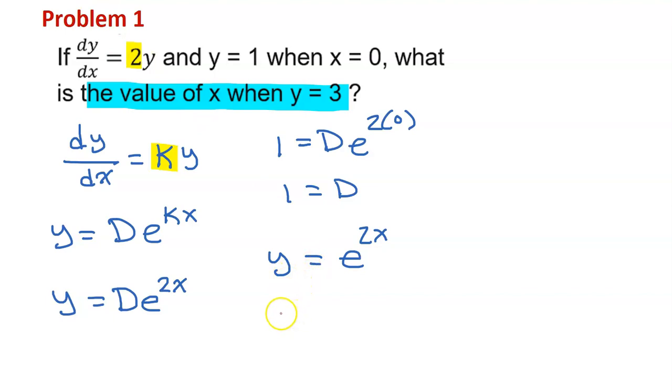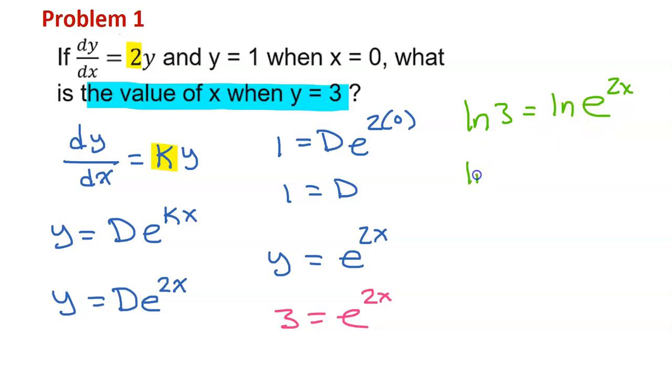So when y is 3, we have 3 equals e to the 2x, and now it's just a matter of solving this for x. We can solve this by taking the natural log of both sides of the equation. So we could do natural log 3 is equal to the natural log of e to the 2x. Natural log and base e are inverse functions which cancel each other out.